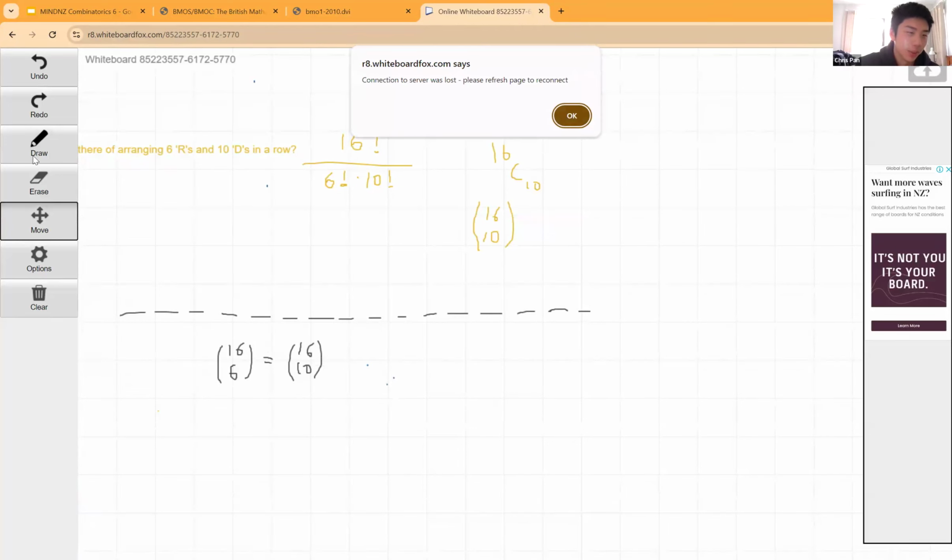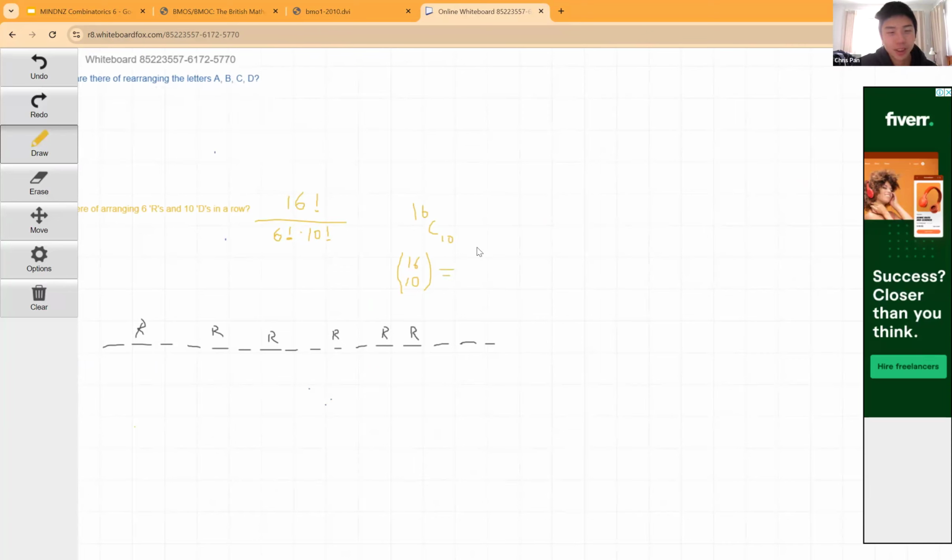Okay, thanks. So 16 choose 10, which is equivalent to 16 choose 6, which is equivalent to 16 factorial divided by 6 factorial times 10 factorial.